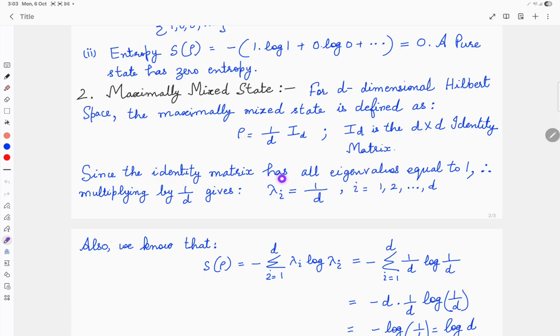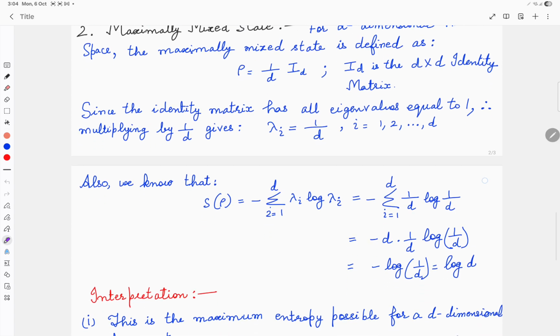An important point to note down is that the identity matrix has all its eigenvalues equal to 1. In the density operator we have 1 over d into I_d, and I_d has eigenvalues 1.